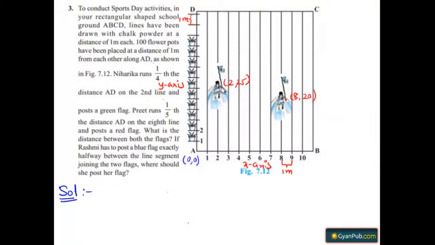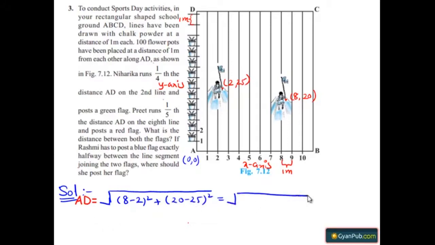The distance between the two flags is given by under root of (8 minus 2) whole square plus (20 minus 25) whole square, which is equal to under root of 6 square plus minus 5 square, that equals under root of 36 plus 25, which is nothing but root 61.